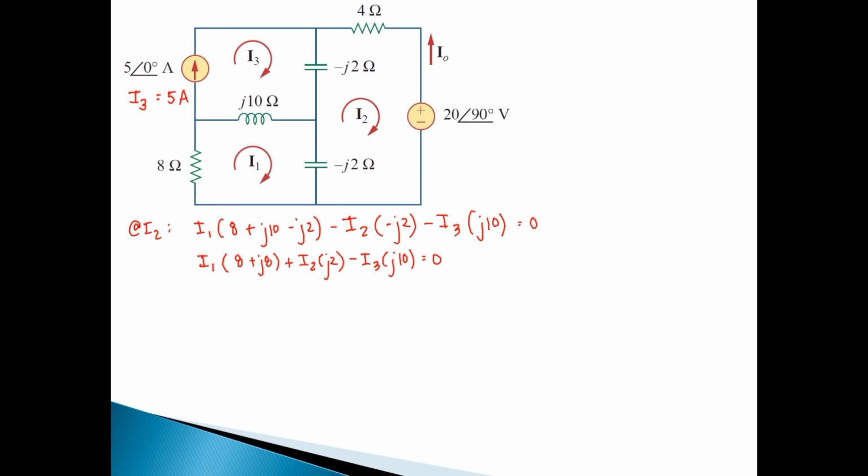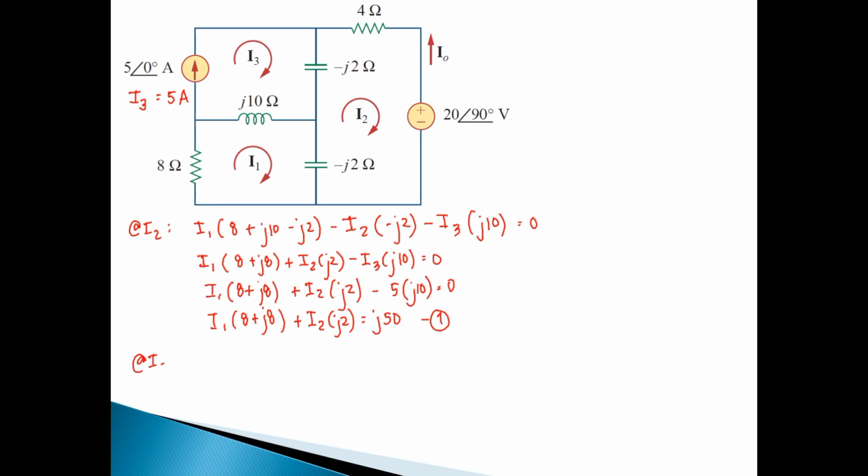We can substitute it here: I1 times 8 plus j8, plus I2 times j2, minus 5 times j10, equal to 0. Let's just transpose, so we'll have j50. It's our first equation.